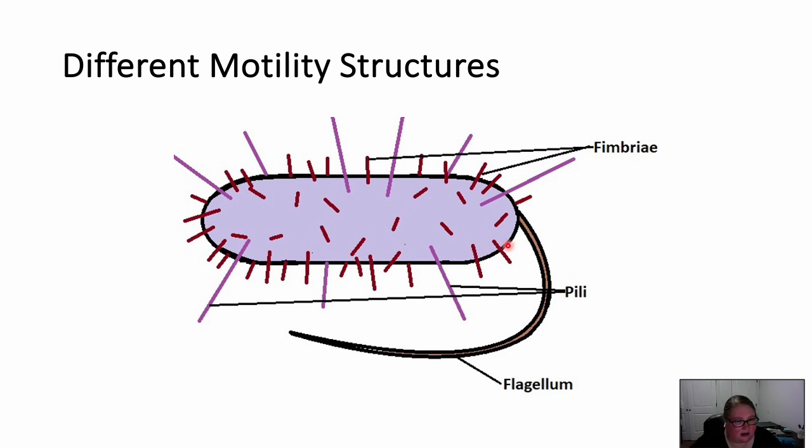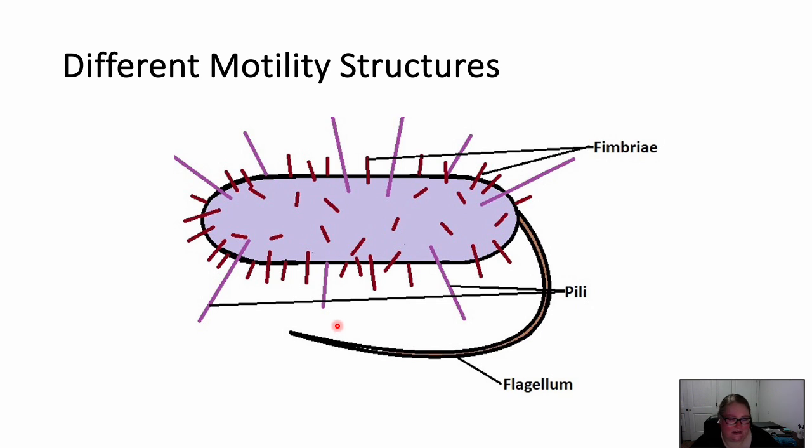So if we look here at our little cartoon diagram, we have these long purple guys. This is the pili. Pili is always longer than the fimbri. Fimbri are short little guys. Remember, they just help the cell adhere to things. But another motility structure that we talked about back in Biology 201, along with pili, is the flagellum.